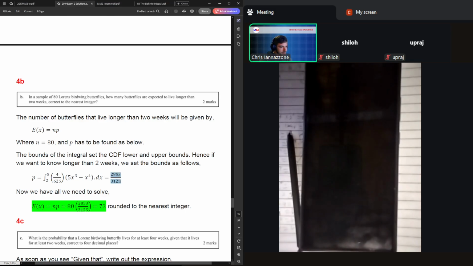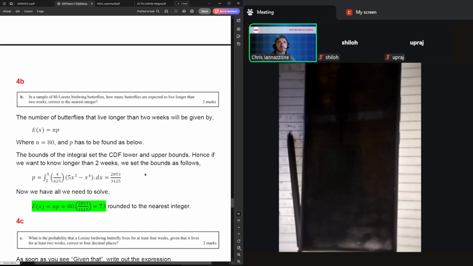And then because you've got 80 of them, once you've found that probability of living longer than 2 weeks, you then multiply by the number of things you want to see live longer than 2 weeks. So you're essentially doing an E of x, but you need to calculate the p. But it's in the discrete version.